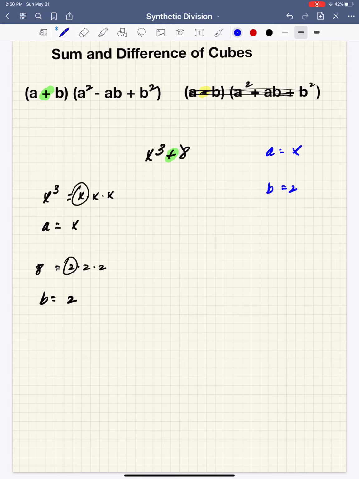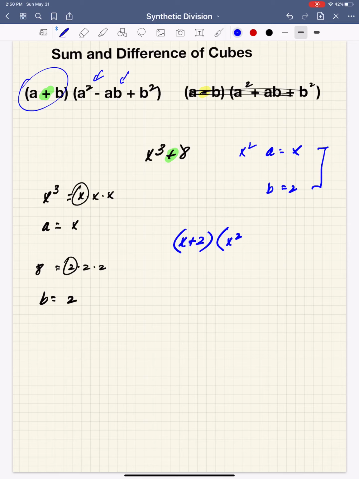And then we're just going to follow the formula. The first thing is the a plus b, right? A plus b is really just x plus 2. And then we're going to square that first term. So if I square it, I get x squared.